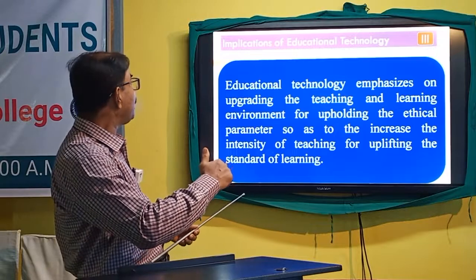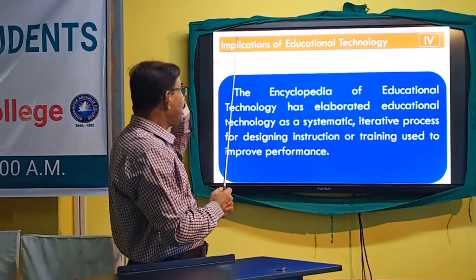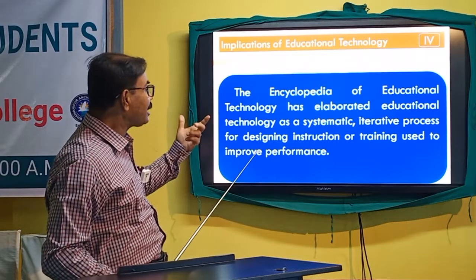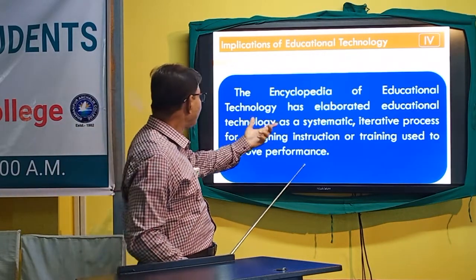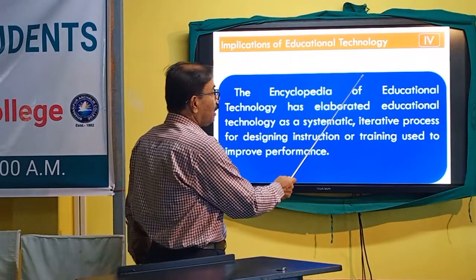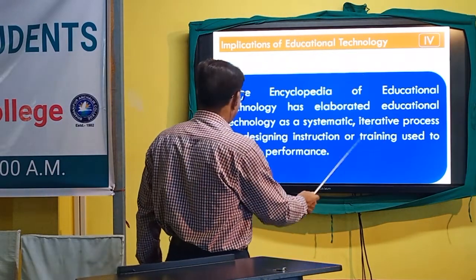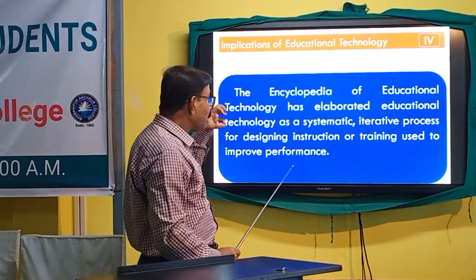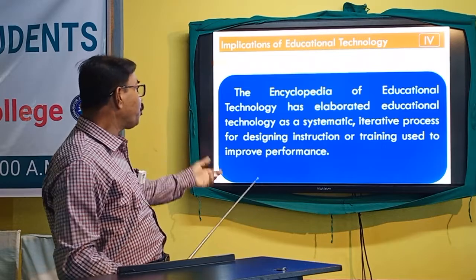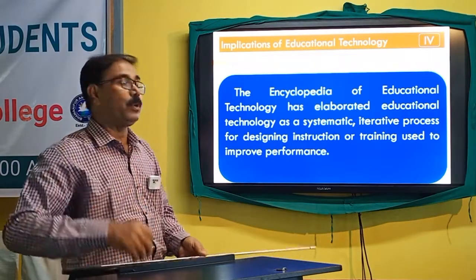Let us see the next slide. The Encyclopedia of Educational Technology has described educational technology as a systematic, interactive process for designing instruction or training used to improve performance in a proper way.